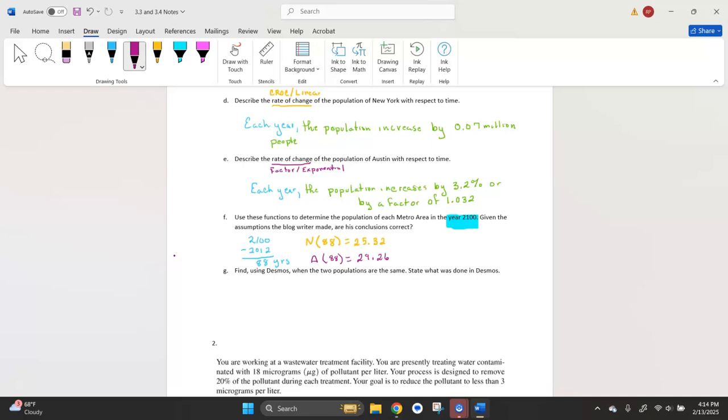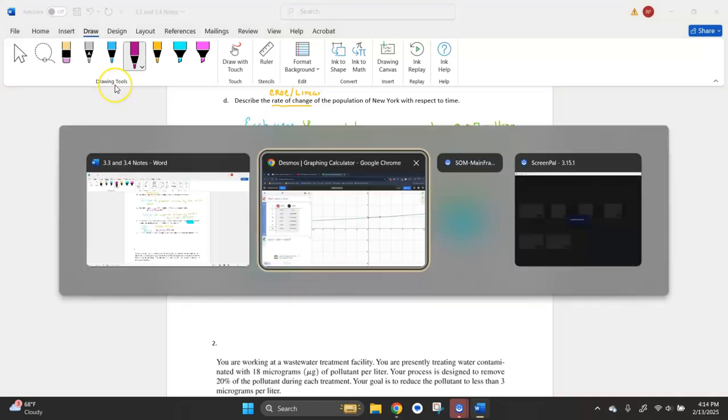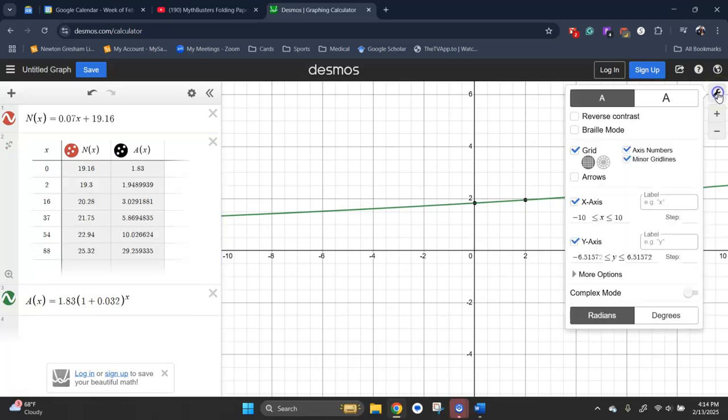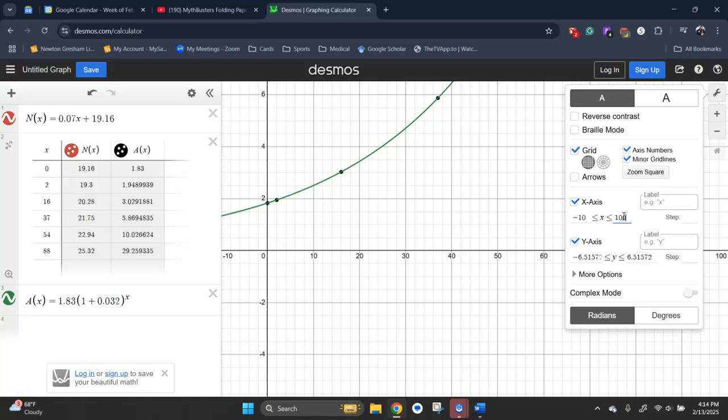So now we want to find out when those populations are the same. So we already have in each one, line 1 and line 2. So now we're going to look for when these populations intersect each other. And I can zoom out, but I'm only at year 10. So if I go to my wrench and I change my input to 100 years, so I want to go all the way up to 100 years.